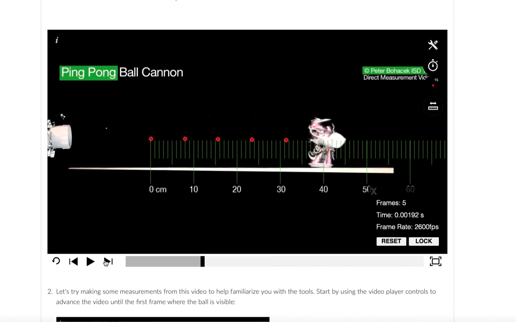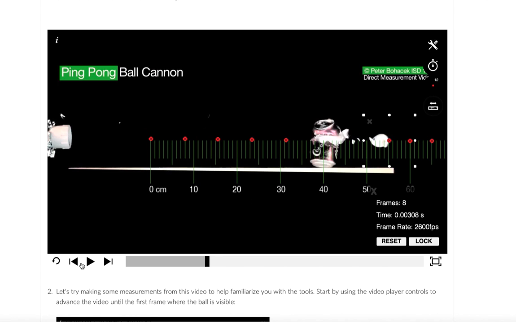I can then do the same thing after the collision. So after it has been done, and you can see the blur from it being such a high velocity. So what I can do then is, again, advance these through. And if I just go frame by frame, the reason I'm doing this versus just making the measurements is sometimes these little dots right away show your expectations.